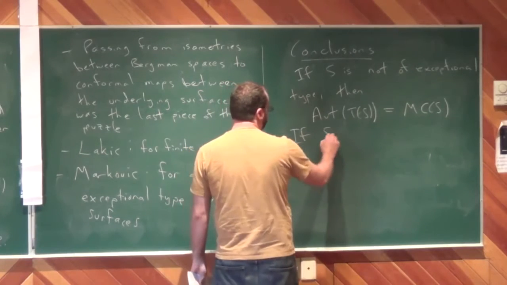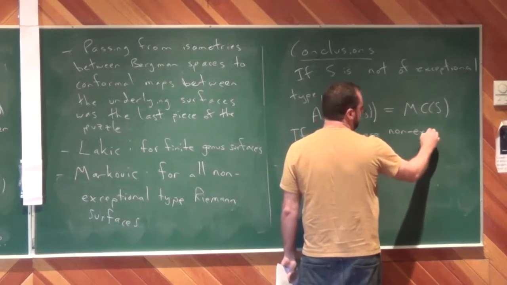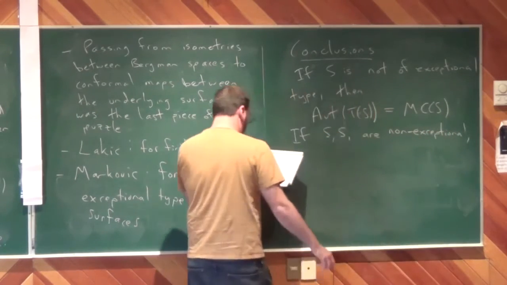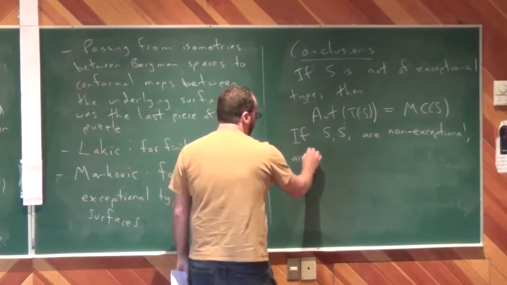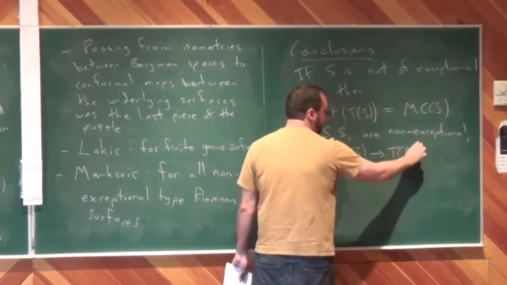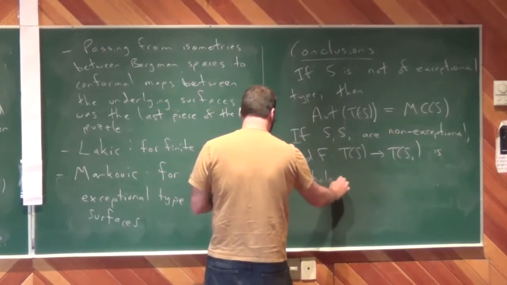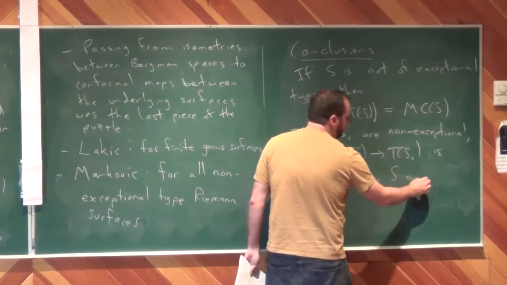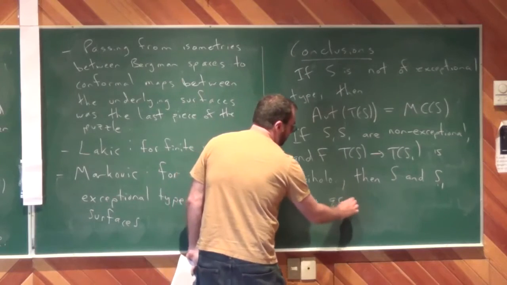and if S and S1 are non-exceptional, and F from the Teichmüller space of S to the Teichmüller space of S1 is biholomorphic, then S and S1 are quasi-conformally related.